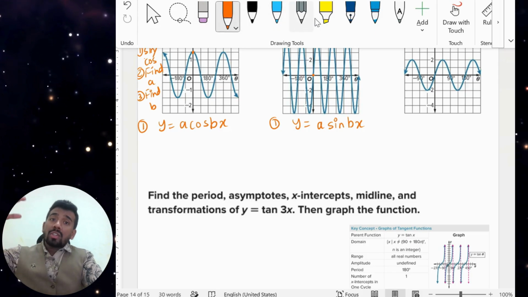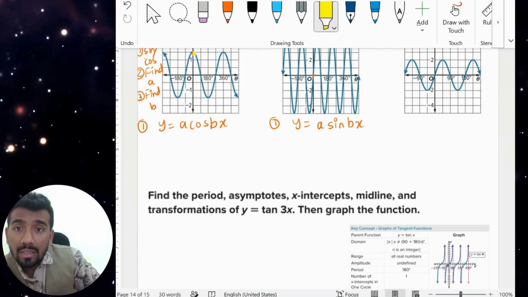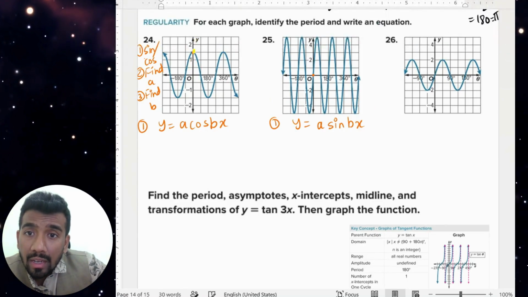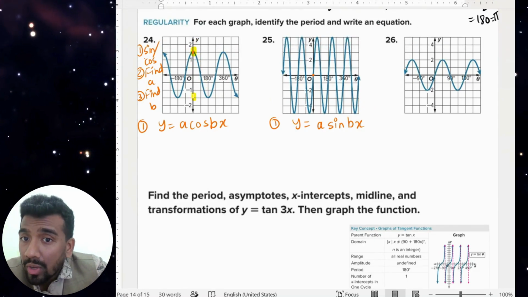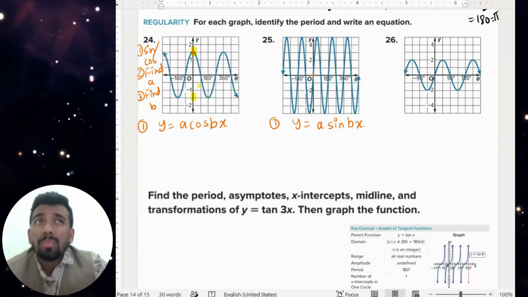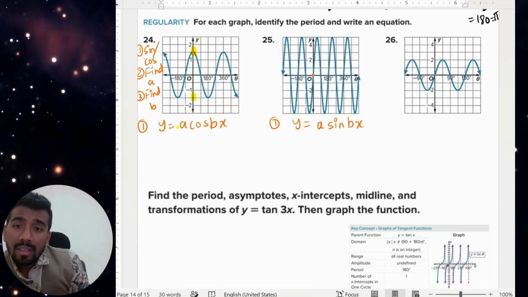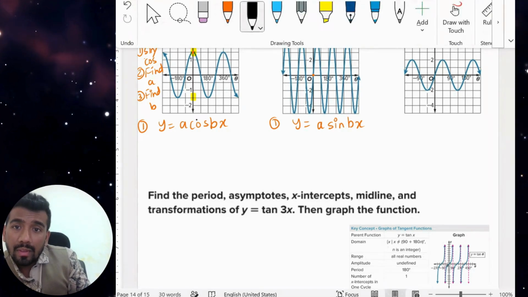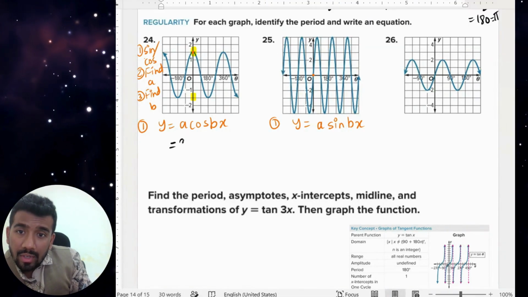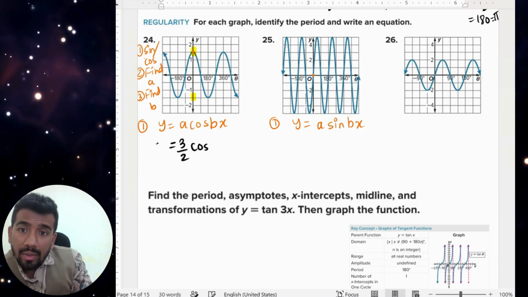Where is the function going? Till what extent up is it going? Like here you see, it is going till 1.5, and the same down it is going negative 1.5. 1.5 is what? 3 over 2, right? So that's your A. So what's your A? 3 over 2. Okay. Cosine. That's your amplitude.